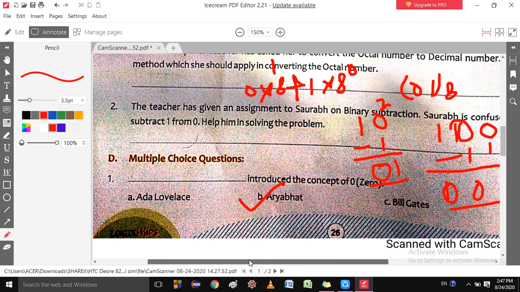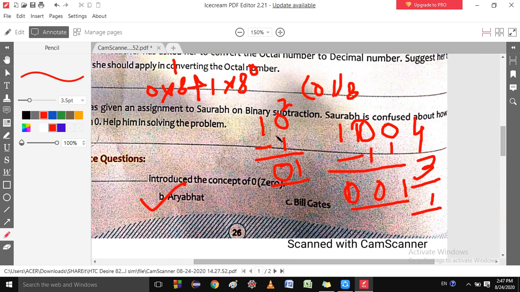I think you understood the concept of how you subtract 0 minus 1: 1 is borrowed, it becomes 1 0, 1 0 becomes the decimal number 2, 2 minus 1 is 1, and here becomes 0. So the answer will be 1. In the same way, 1 0 1 double 0 minus 1 1: 1 double 0 becomes 4, 1 1 becomes 3, 4 minus 3 equals 1.